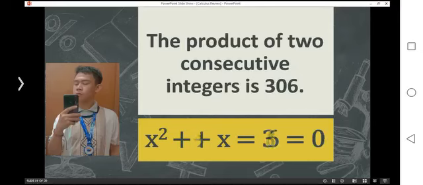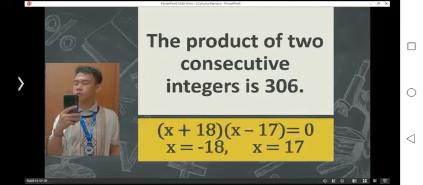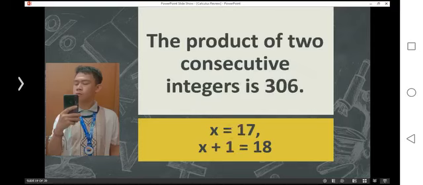Transpose 306 becoming negative 306. Apply factoring: x plus 18 times x minus 17 is equal to 0. Apply zero product property to come out with negative 18 and 17. X must be a whole number, so we will get 17. Answer: x is 17 and the next integer is 18. So these are the two consecutive integers having a product of 306.